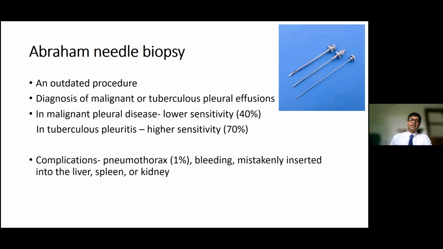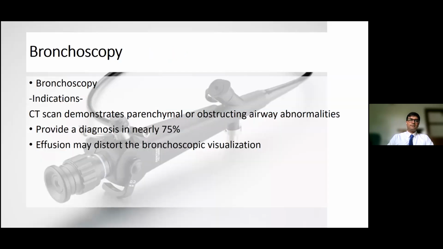In case of malignant pleural effusion, due to the inhomogeneity of involvement of the pleura, it has a lower sensitivity. However, in diseases with homogeneous pleural involvement such as tubercular pleuritis, the Abrams needle biopsy offers a higher sensitivity. Complications include pneumothorax, bleeding, and accidental puncture of abdominal viscera.